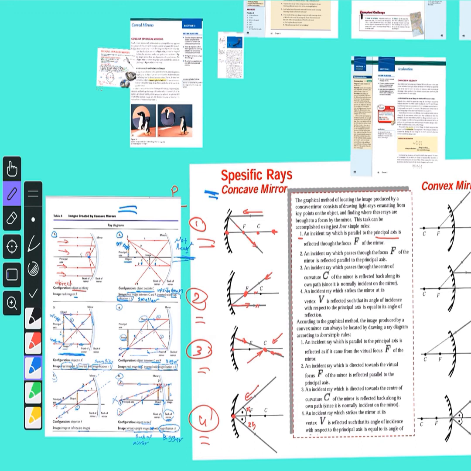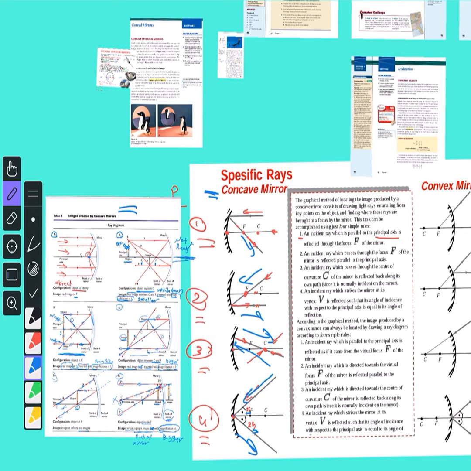If you send it straight, it must be reflected back through the focal point. If you send it through the focal point, it must be reflected back straight. If you send it through the center, it must be reflected back through the center. If you send it through the pole, it must reflect back in the same way, like a flat mirror, with the same angle.